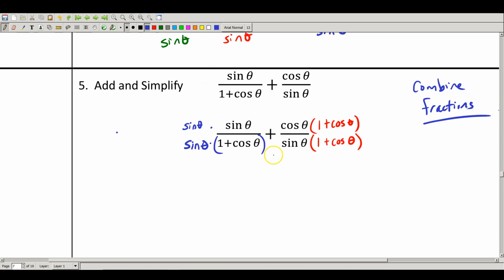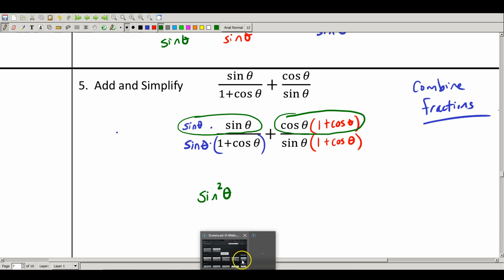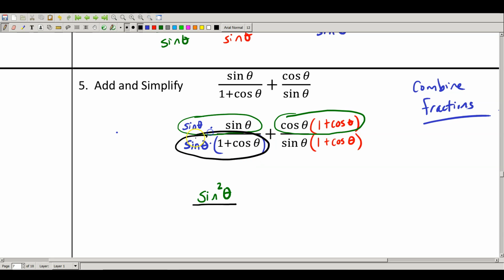So we have the same denominator now. This is a common denominator. So we're going to multiply the tops out. We're going to combine these tops and see what the result of these numerators are. Let's start with this one. Sine theta times sine theta is sine squared theta, divided by the common denominator that we already have.